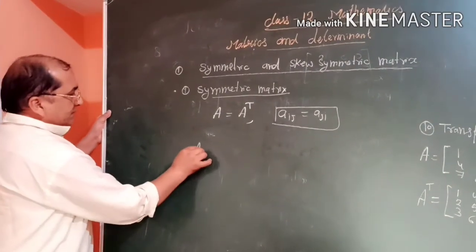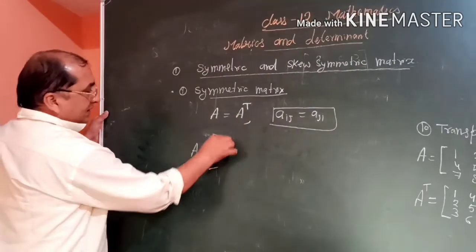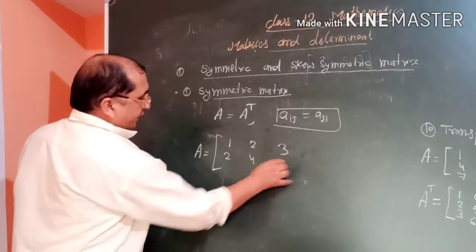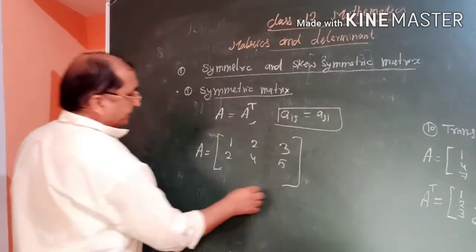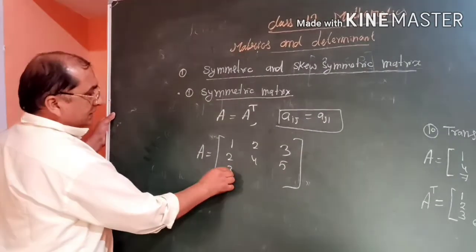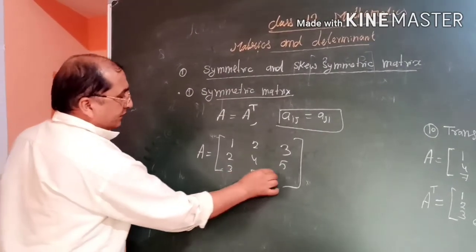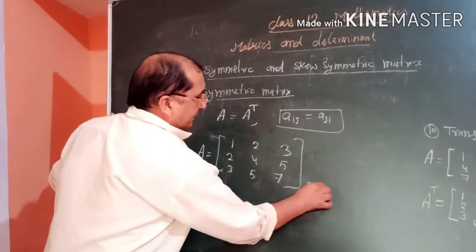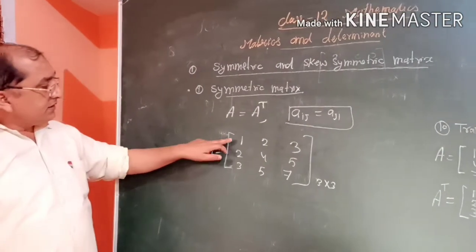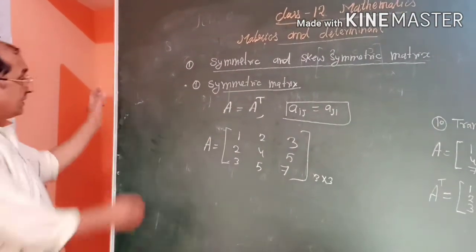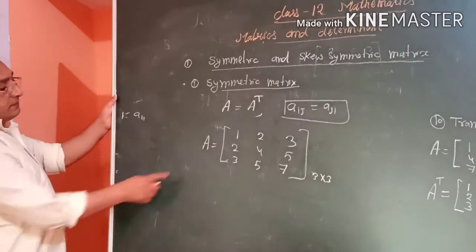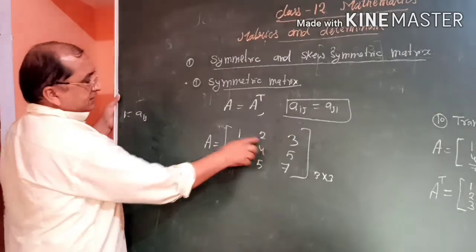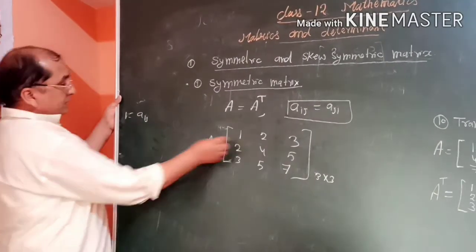Now see, suppose a matrix is A. I am writing here 1 2 3, then 2 4 5, then 3 5 7, and this is a matrix of order 3 cross 3. Here the first element is known as A11, which means Aij, and the next is A12.